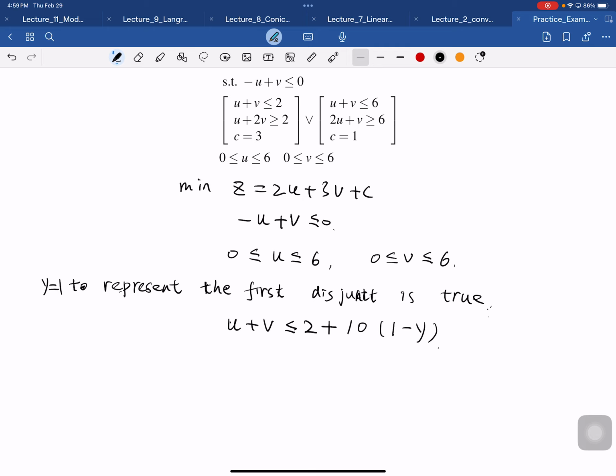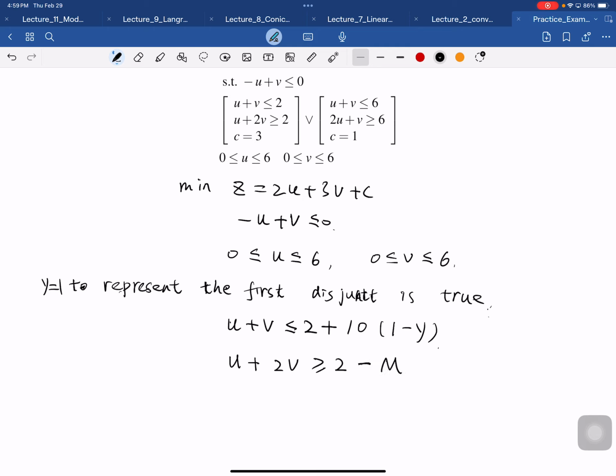Now you have the second inequality: u plus 2v greater than or equal to 2. And you want this inequality to hold trivially when y is 0. So probably you need to subtract a big M times 1 minus y.